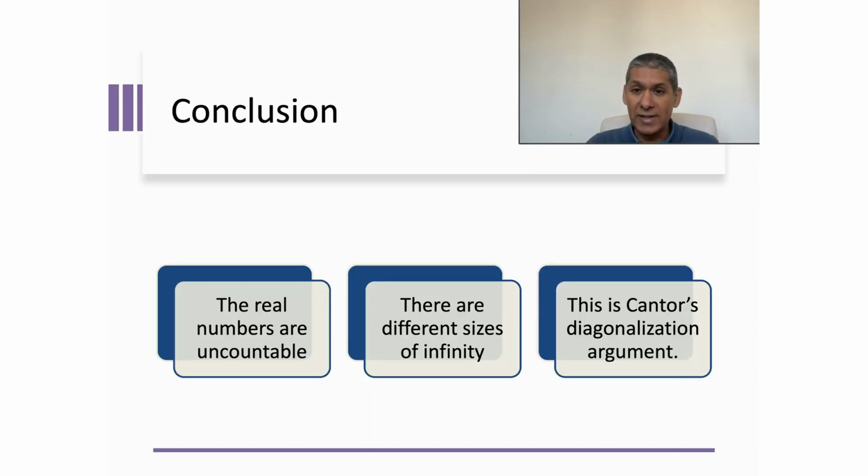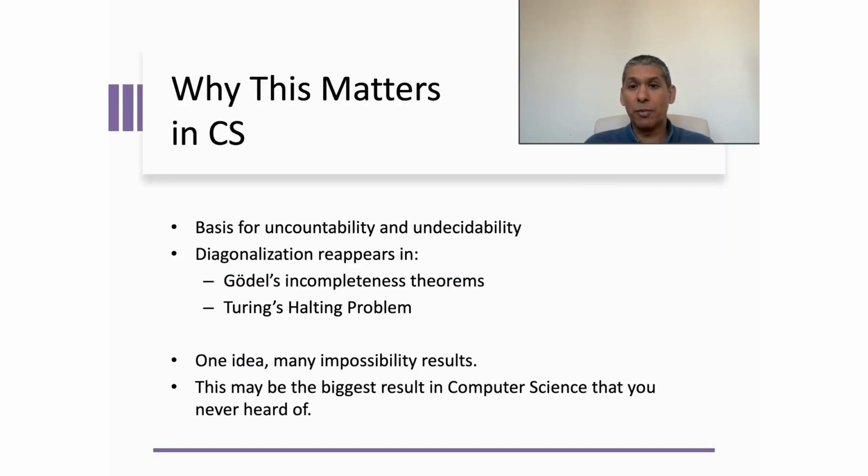There are different sizes of infinity: the countable sets such as natural numbers and the uncountable sets such as the real numbers. This is Cantor's diagonalization argument, and it actually has profound implications for computer science. It is a basis for uncountability, undecidability, and it appears inside the incompleteness theorem as well as the halting problem.